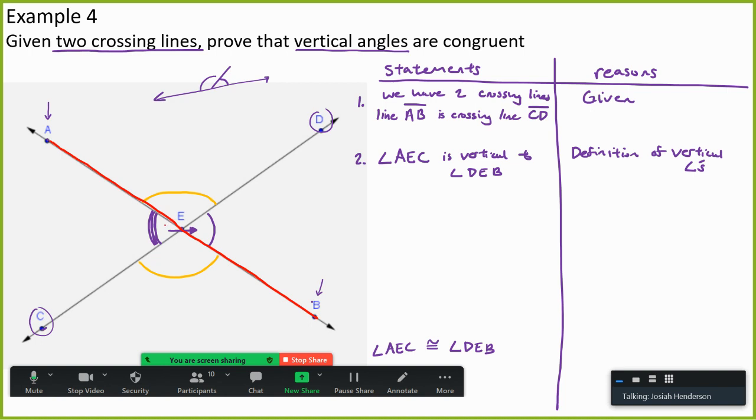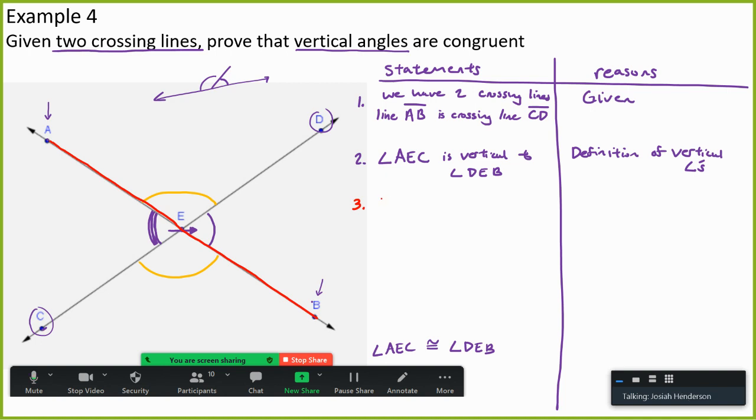So let's try to see if we can say, we'll use the 180. We'll use the fact that these two linear pairs are adding up to 180. So let's say this for statement 3. We haven't introduced the two yellow angles yet, so let's put those in.